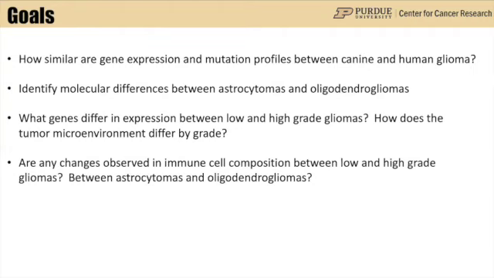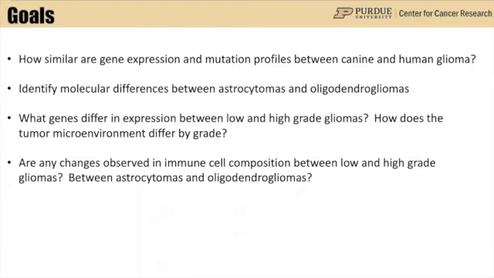These are usually diagnosed based on histology and also, for example, IDH mutation status. But we wanted to see if there were discrete gene expression or mutation differences between the two as well.